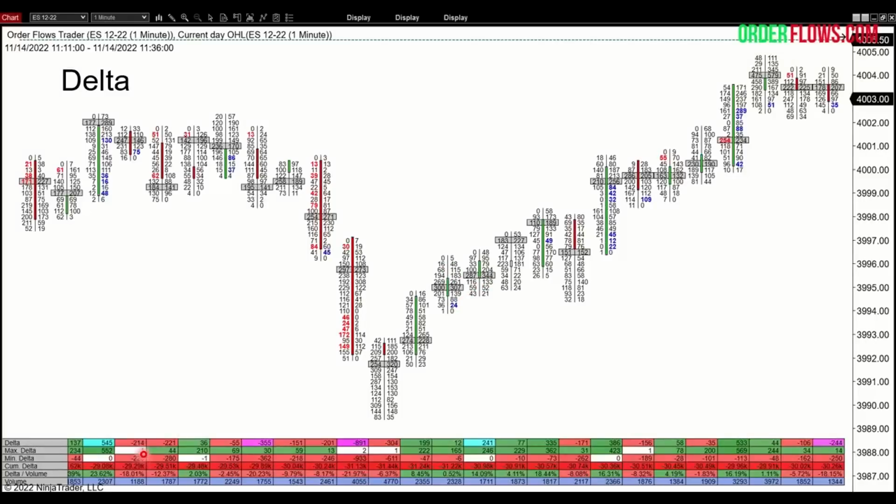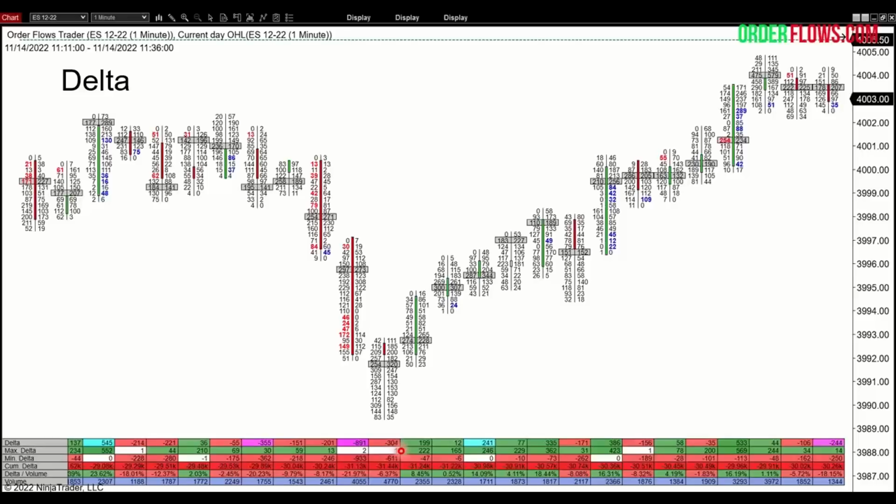Now delta, right, every bar is going to have a delta. It's going to be the net difference between aggressive sellers and aggressive buyers. And on my chart, it shows up on the bottom. You also have the max delta and the min delta, which shows how strong aggressive buyers were in a bar. Max delta would always be positive.